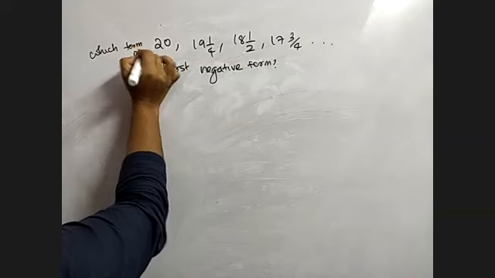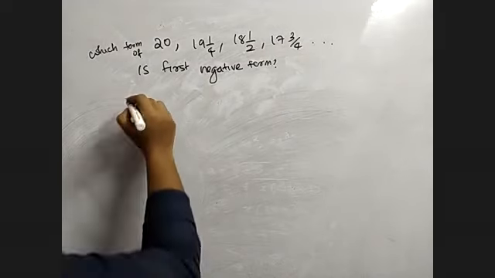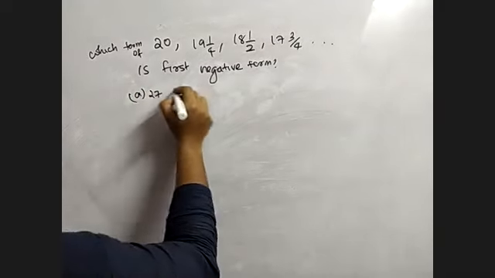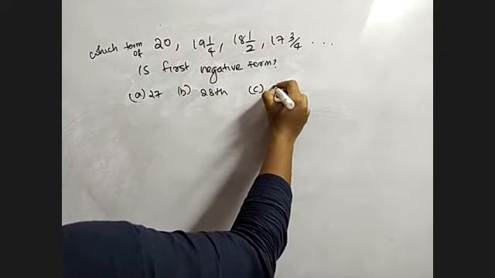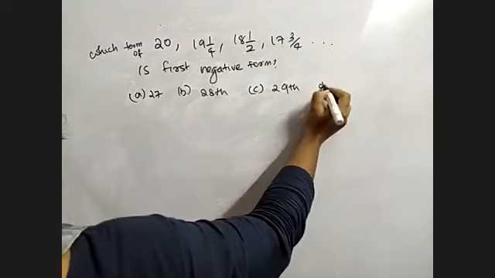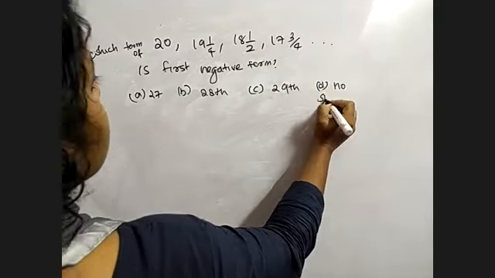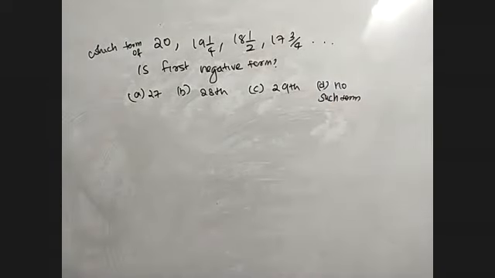Which term of this sequence is the first negative term? Options: 27th term, 28th term, 29th term, no such term. Try.